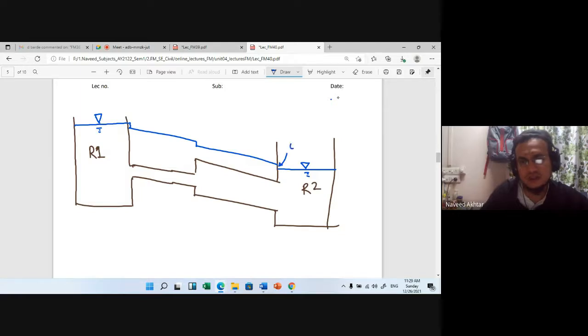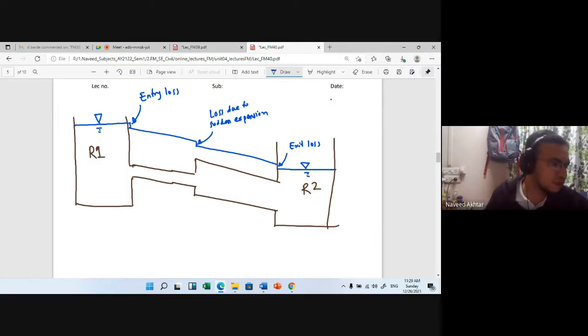This is the exit loss. This is the entry loss. All these values I have given in your example. Here is the loss due to sudden expansion.